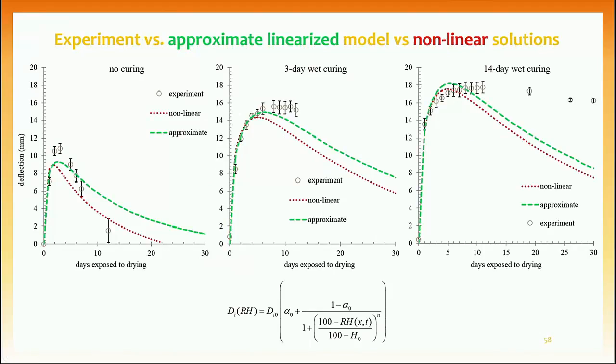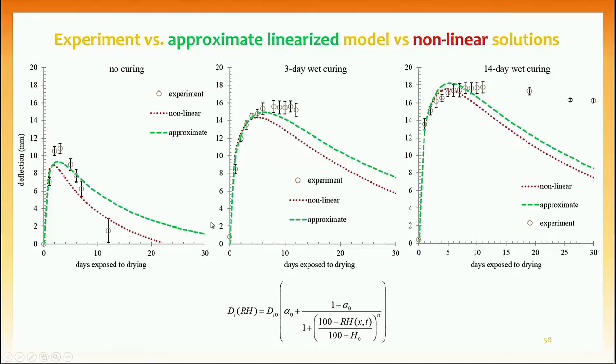Also, because of the request of the reviewer to use a nonlinear solution next to our approximate linearized model, which I showed before, we used this equation, which was basically showing that the drying diffusion is changing over the depth with the change in the relative humidity over the depth.